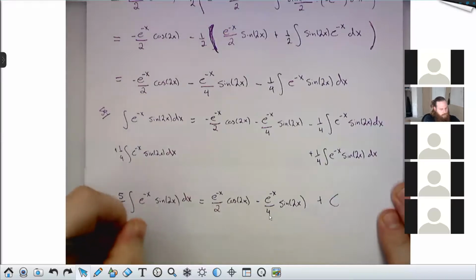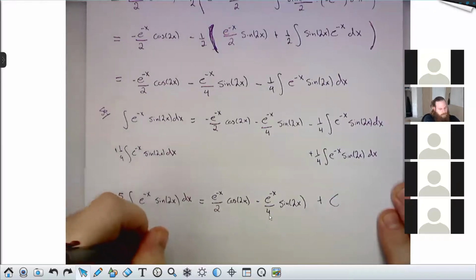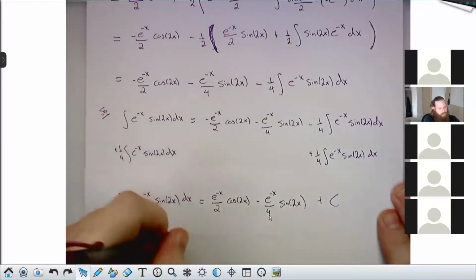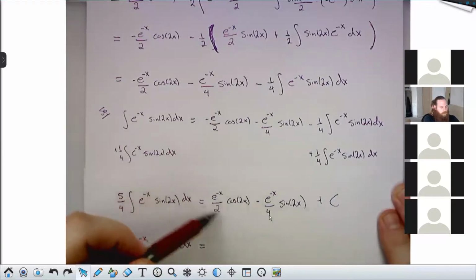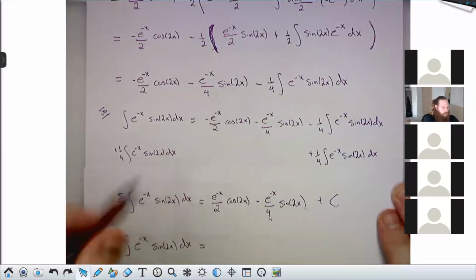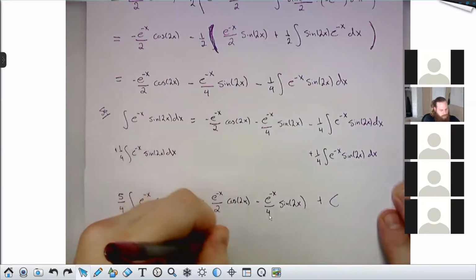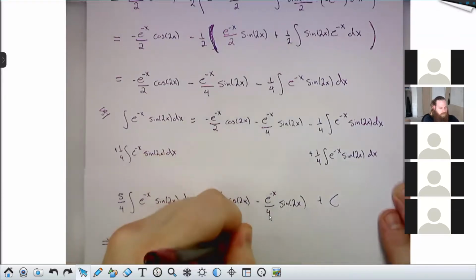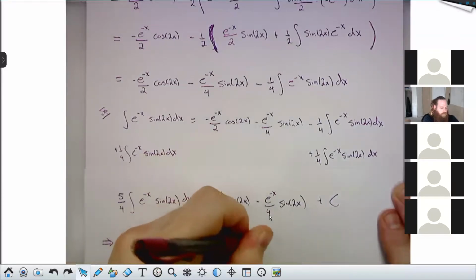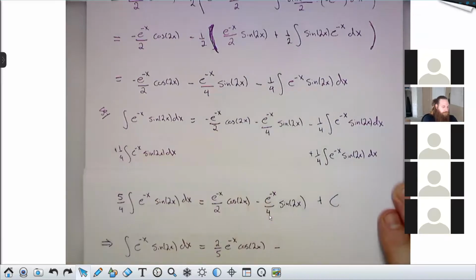So I get integral e to the negative x sine of 2x dx is equal to, well, this is a 1/2. 1/2 times 4/5 is 2/5. So 2/5 e to the negative x cos 2x minus 4/5 times 1/4 is just 1/5.